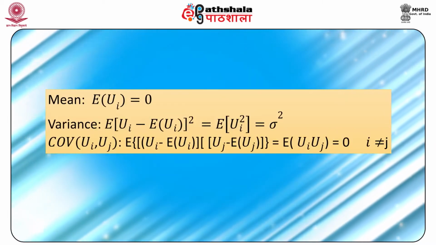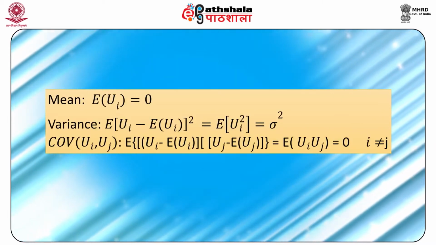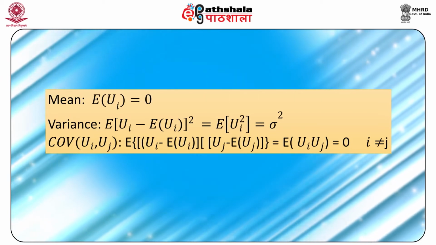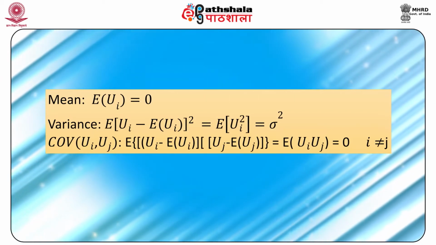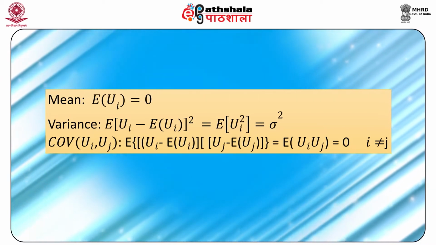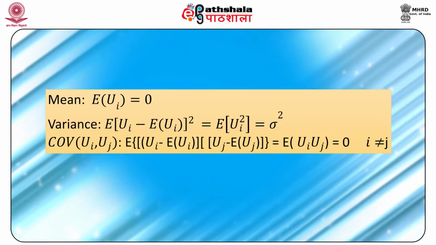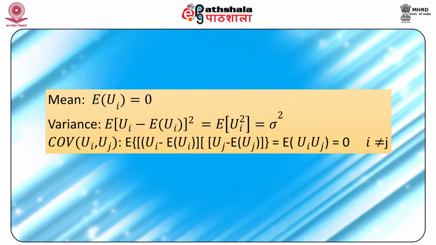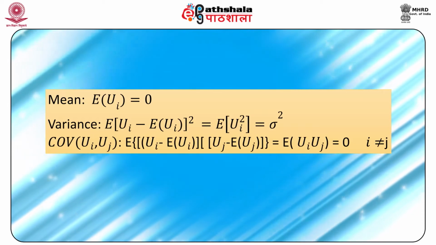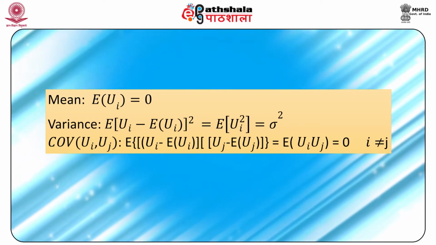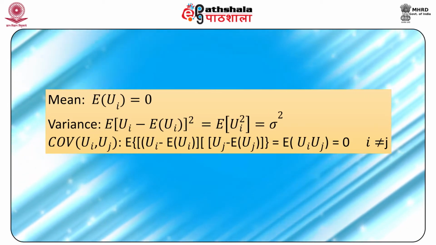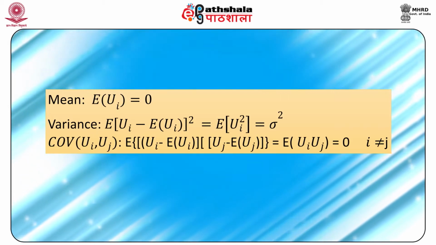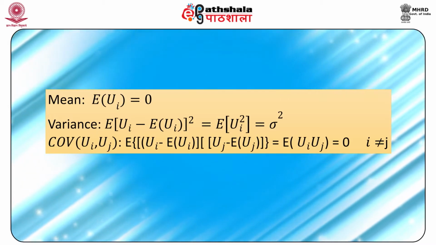The classical normal linear regression model assumes that each mu i is distributed normally, with expected value of mu i minus expected value of mu i, into mu j minus expected value of mu j, equal to expected value of mu i mu j equal to 0.